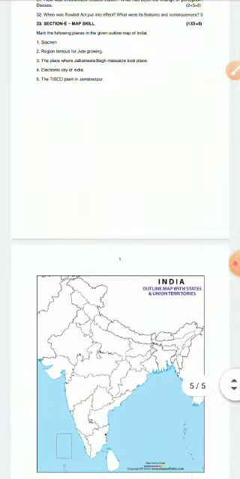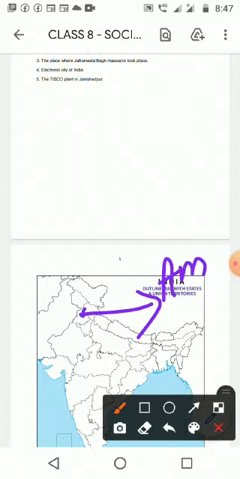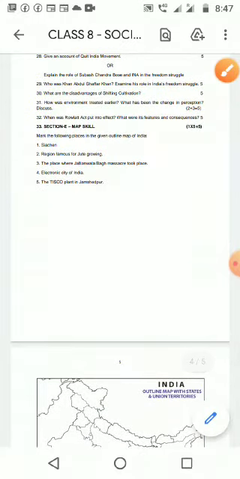If you are noting something, for example Amritsar, and what is the incident at Amritsar, the Jallianwala Bagh incident. So you write first the place name, Amritsar, then the incident, Jallianwala Bagh, like that you can write it. What is the specialty of that area, it is given. Region famous for jute growing.